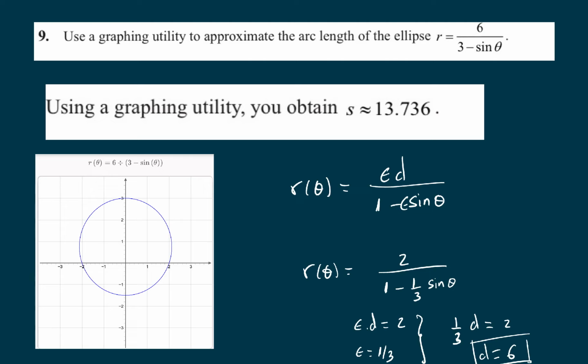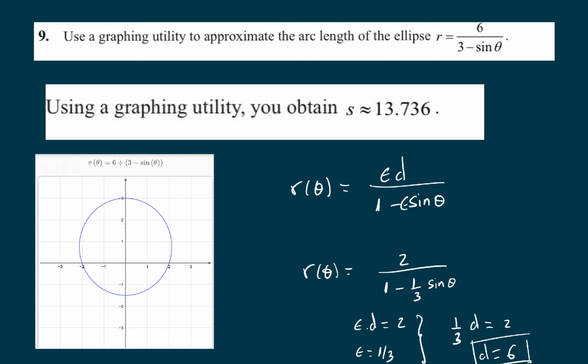Whenever you have an equation in this form, r of theta equal to something, epsilon times d, in the numerator. In this case, epsilon times d could be the 6, but it's not the 6. I will explain why. The polar equation for an ellipse is epsilon times d divided by 1 minus epsilon times sine of theta.